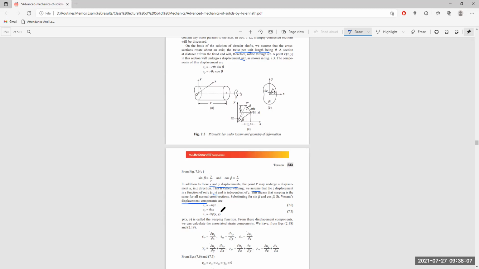So psi(x,y) is called the warping function. From these three components we can calculate the associated strain components. We have from equation 18, which we just discussed, and this is equation 19.